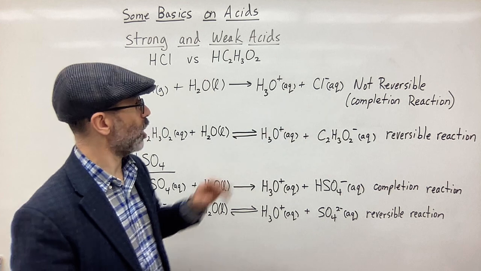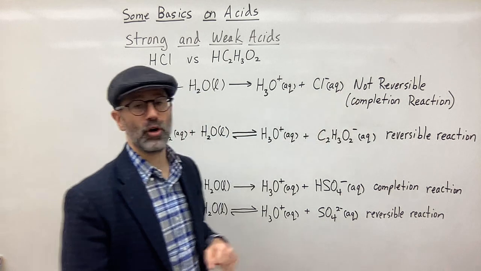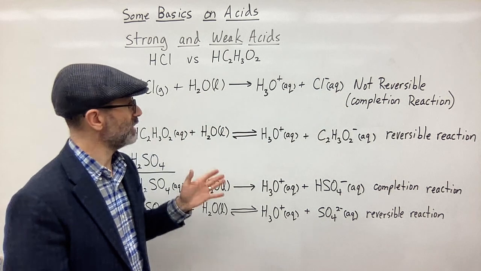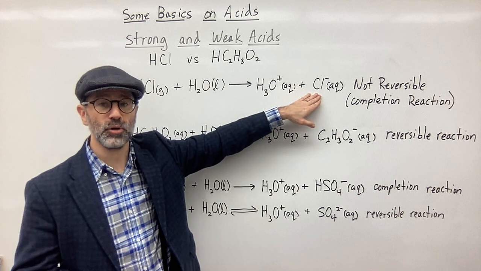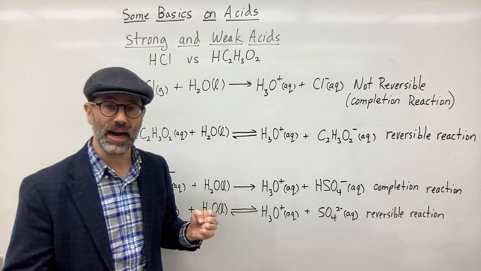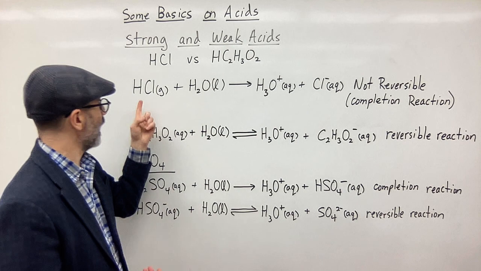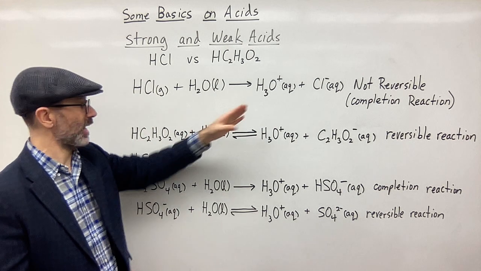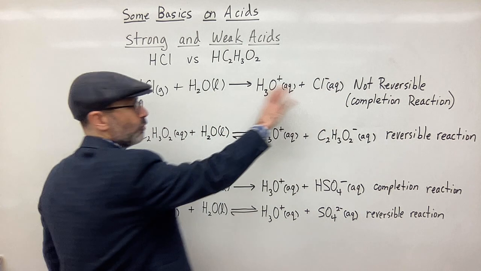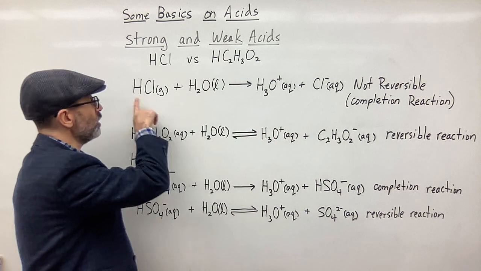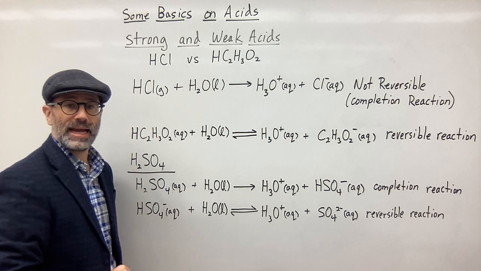And so what we call this is a non-reversible reaction. What does that mean? It means that this chloride ion is not going to be reacting with water to take back a hydrogen. It's not going to reform this. It's not going to go backwards. So this chloride ion is not going to react with water to reform your HCl.